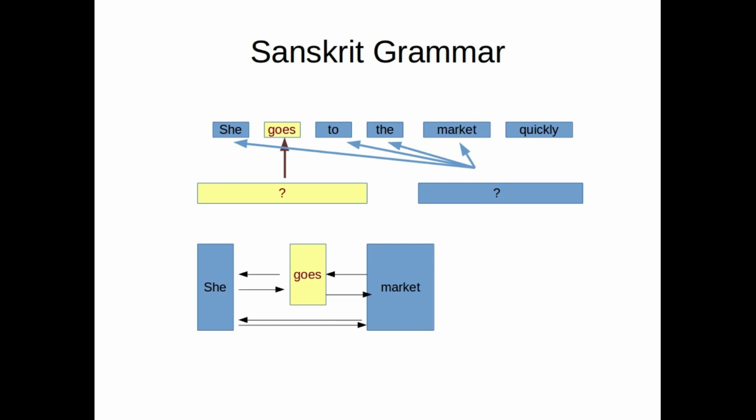For example, in this sentence, there is one word related to a verb, go, and there are some other words. Now, there are three things in this sentence: she, go, and market. They are related in some way. The purpose of a language is to show correctly how these things are related.